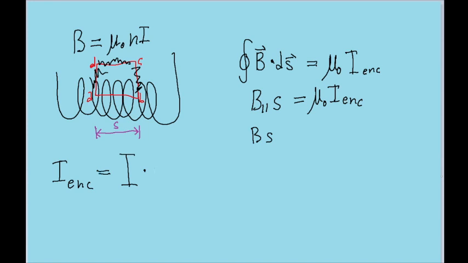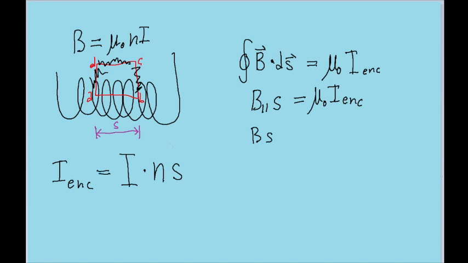And a clever little thing we can do is say that the number of turns in the loop is equal to n times s, where s is, of course, the horizontal length of the loop, but n, we can define n to be the number of turns of the coil per unit length.